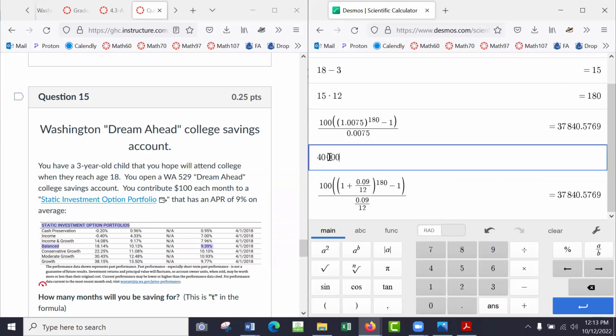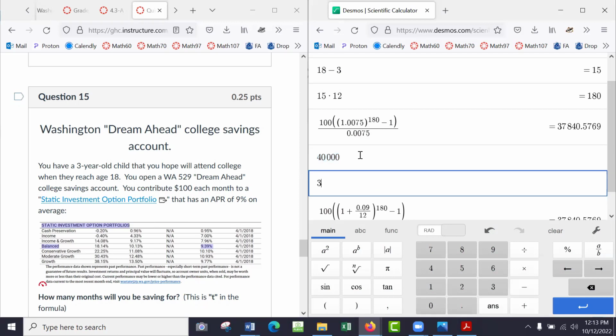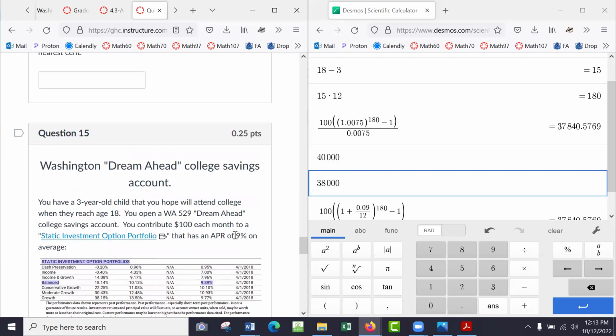But I would say round to the nearest 10,000, just because it kind of makes sense. Or I guess the nearest 1,000, like 38,000, would probably be good. So one of those. But definitely don't be rounding this stuff to the nearest dollar or the nearest cent, because this interest rate will absolutely fluctuate. That's just an estimate of what the average might be, right?